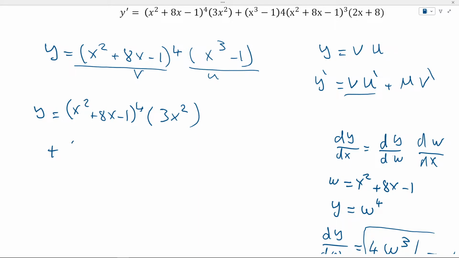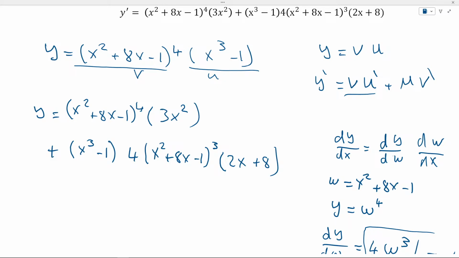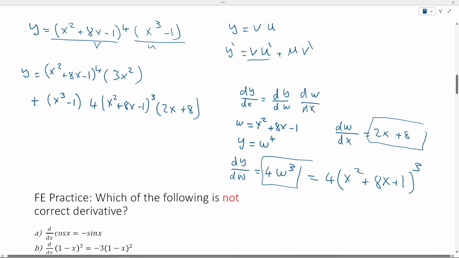So u is 3x minus 1, and that times 4 times (x squared plus 8x minus 1) to the power of 3, and then the derivative of what is inside, which is 2x plus 8. That's what we have here.